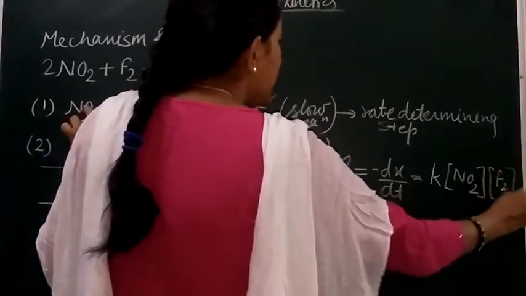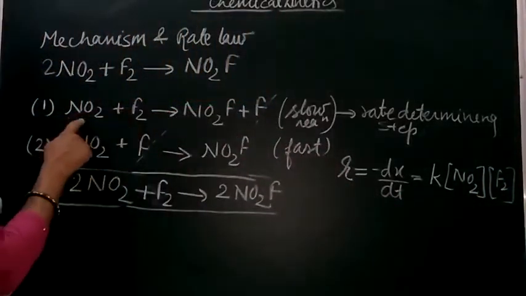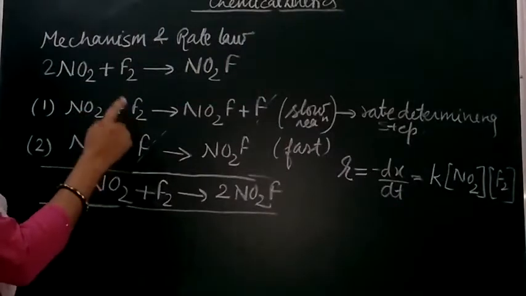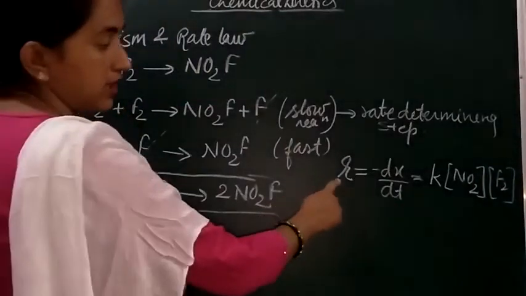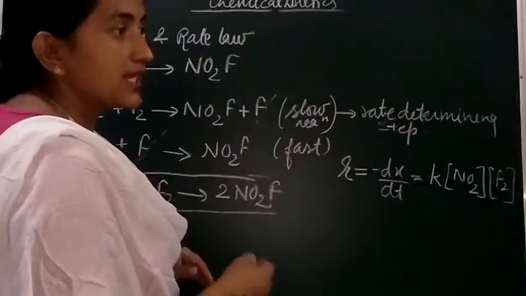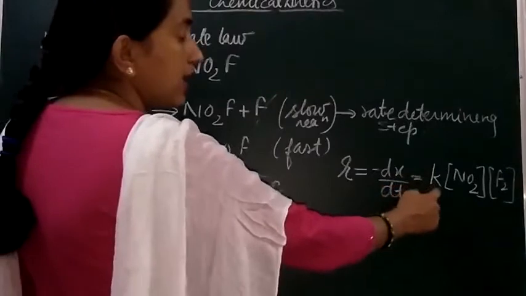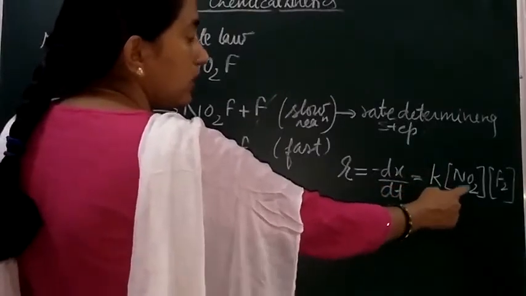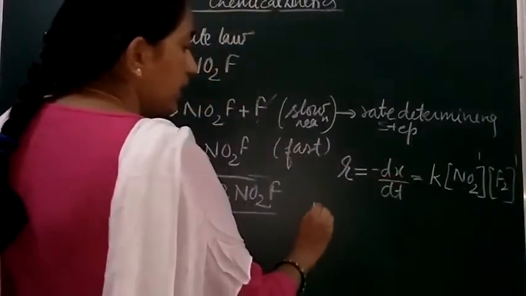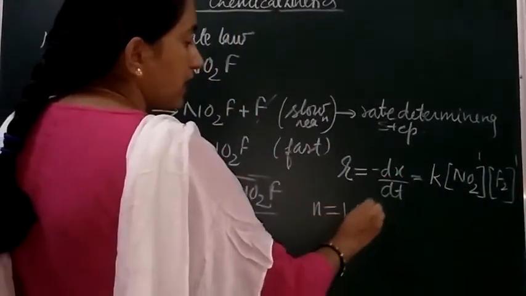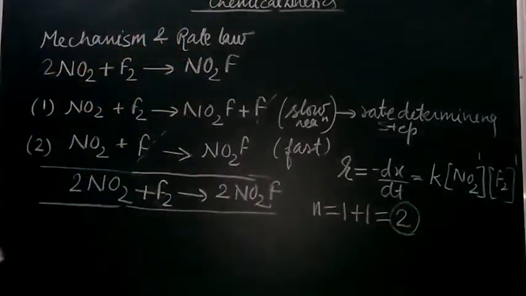So in the rate determining step, the reactants involved are NO2 and F2. The rate law is experimentally determined, so the rate law is K times NO2 and F2 in square brackets. Students, from here you can easily find the order of the reaction. It will become 1 plus 1 equals 2.